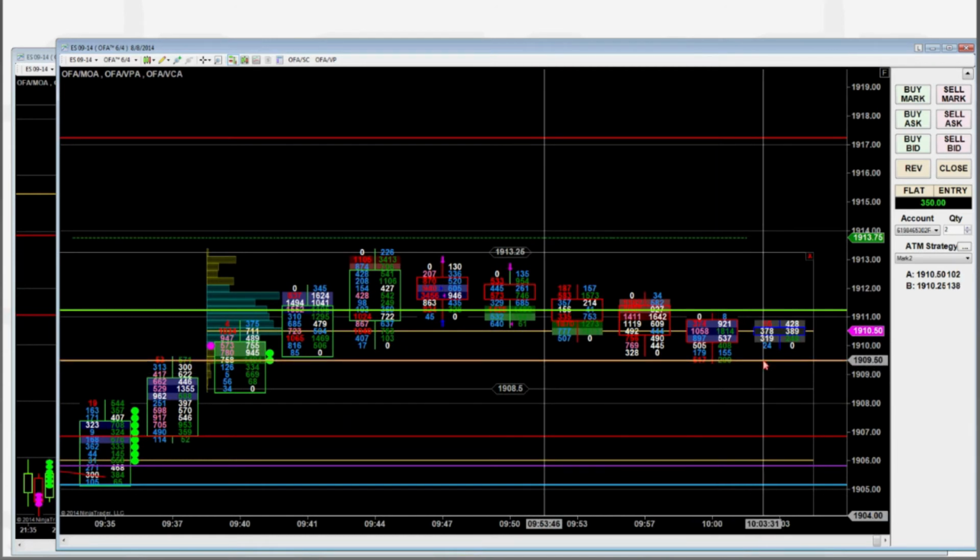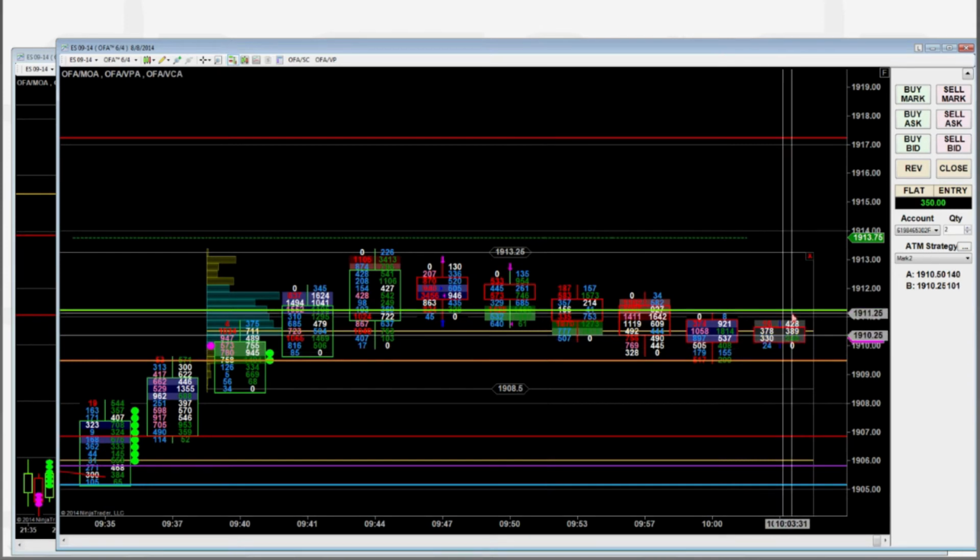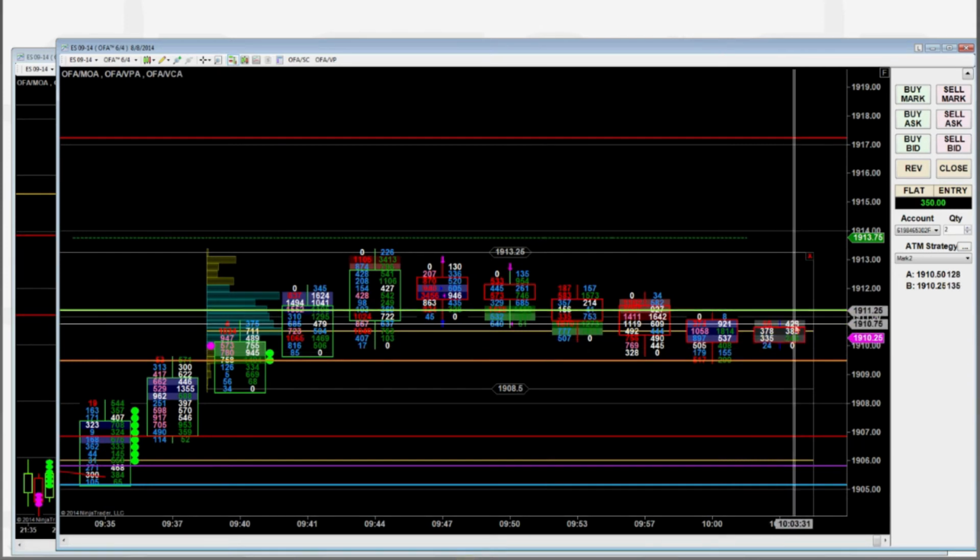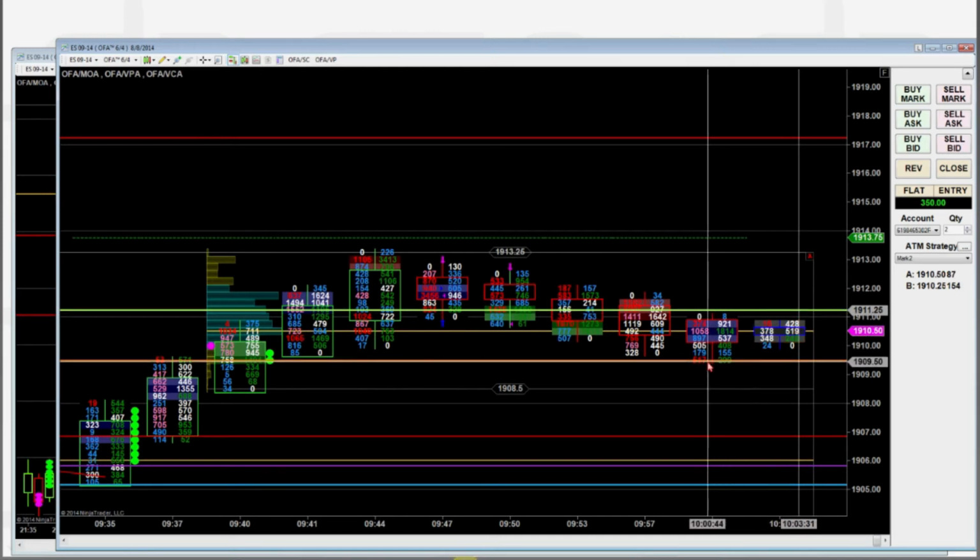Now here's what I'll tell you: even though this worked as a good bounce, and this may bounce back up to the top of IB, this does not look finished down here to me.